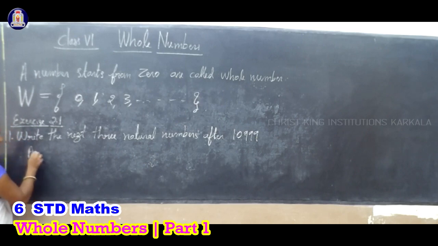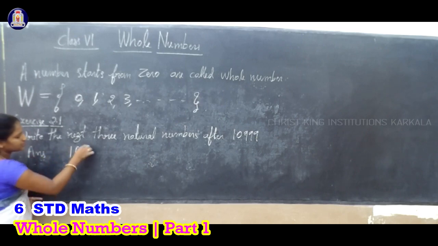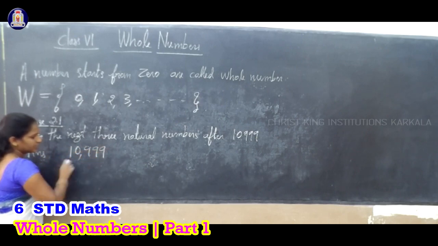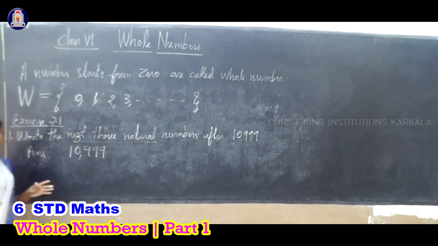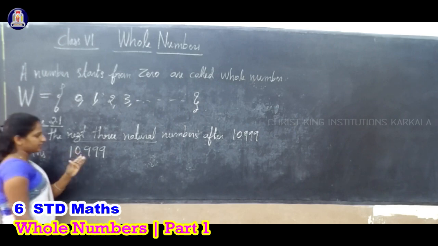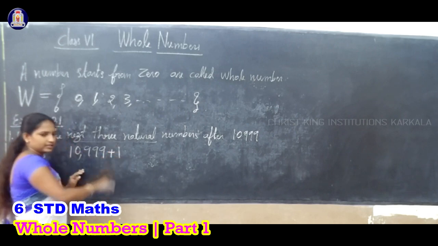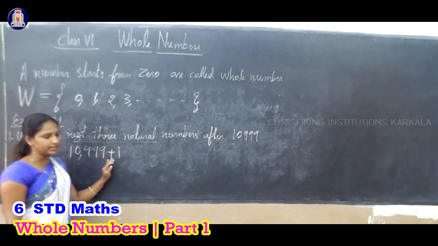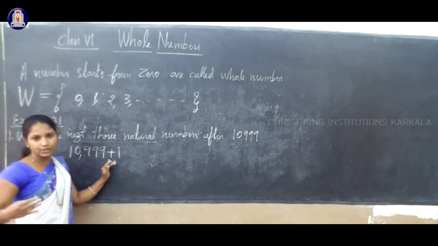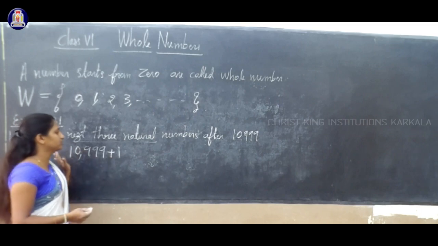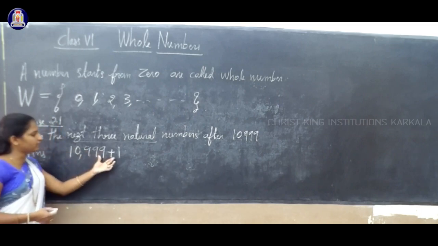So answer we can write like this: 10,999, the next 3 natural numbers is 10,999 plus 1. If you add plus 1, we will get the next natural number. That is what consecutive numbers are. Natural numbers are consecutive numbers, so we have to add plus 1.